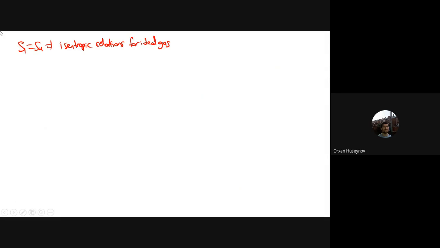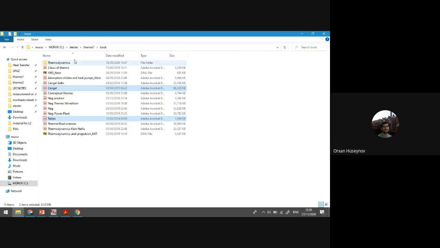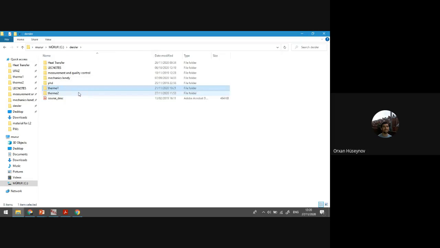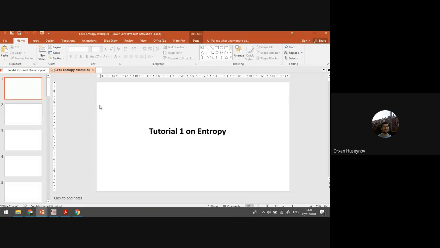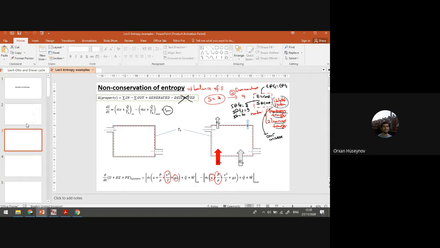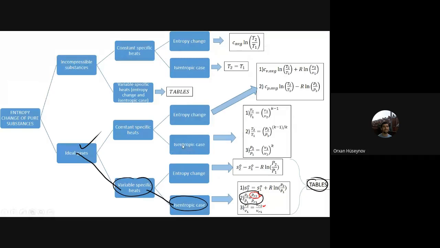To find the isentropic relations for ideal gas, I will open that slide for you. Okay, so isentropic relations, ideal gas, and we said that we are using the cold air standard analysis.